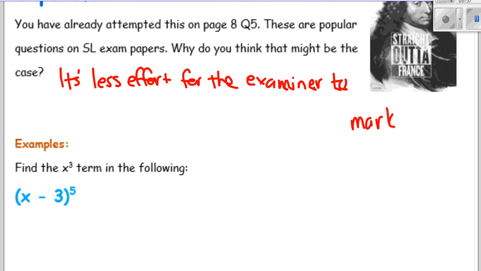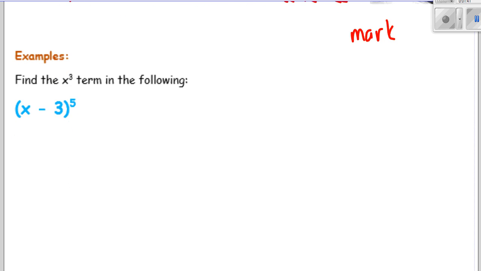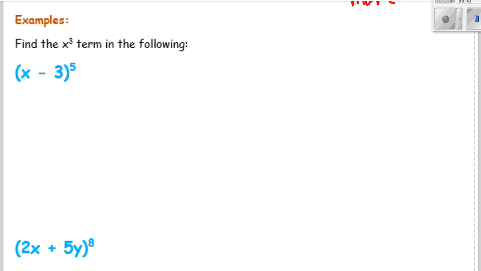Okay, so find the x cubed term in the following. Different approaches to this. Some of you might look at that and go, oh, I know it's going to be the 4th one along, or the 3rd one along. If I just do that, I kind of make mistakes. So my little strategy to avoid making these mistakes is I try to think, in this expansion, what would be the exponent on the x in the first term? x5.